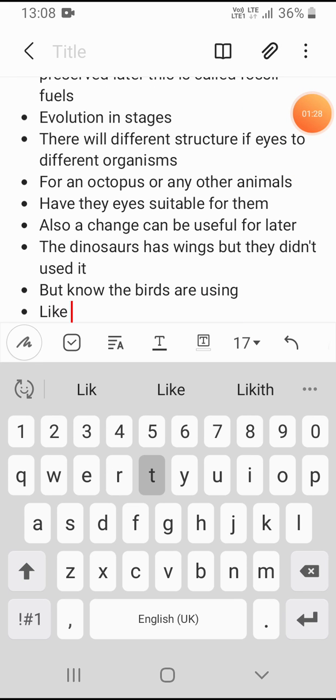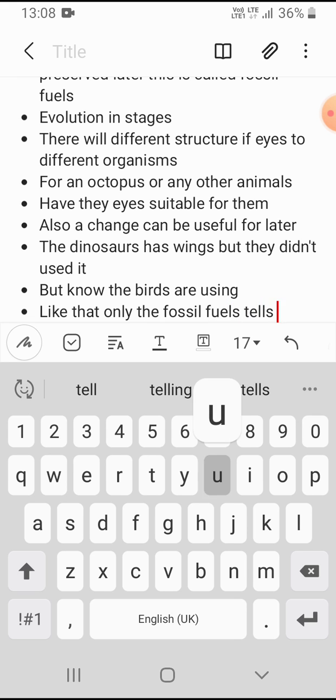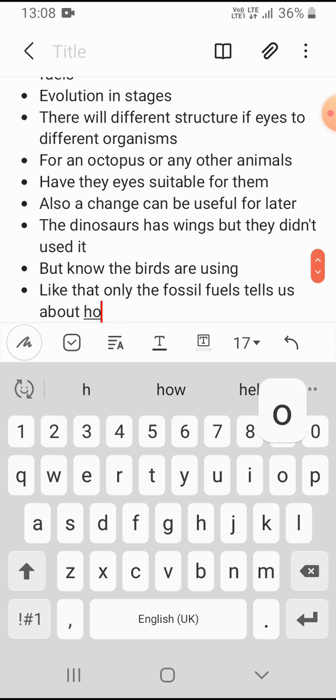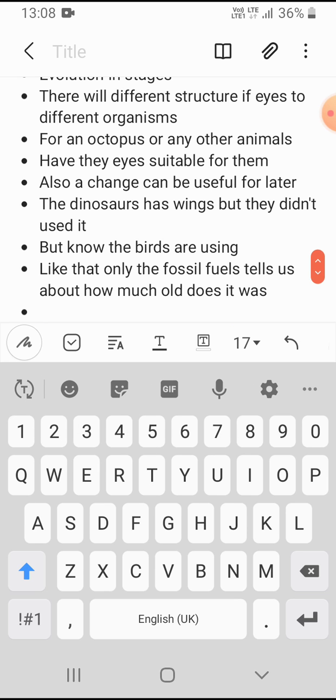Like that, fossils tell us how old that organism was, and what it was. It will tell us.